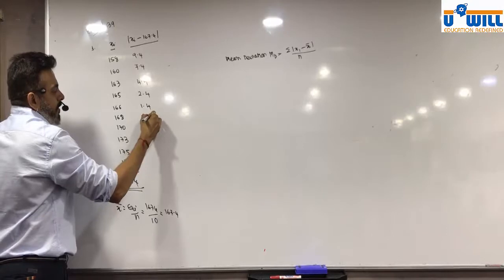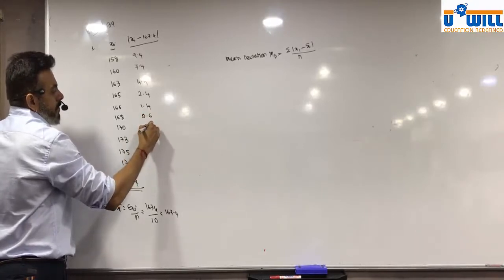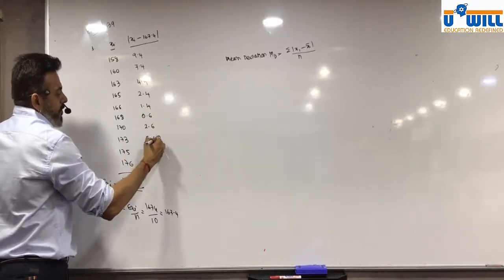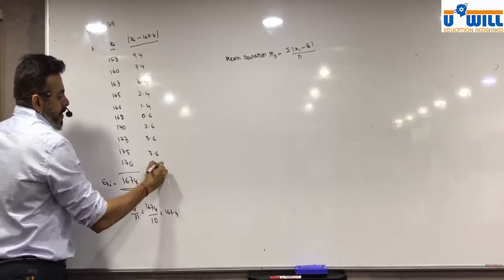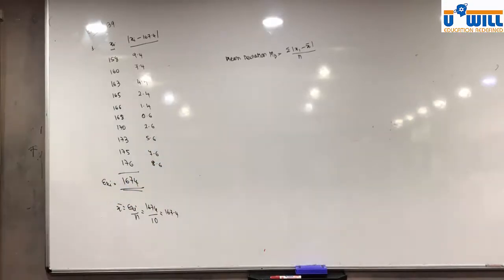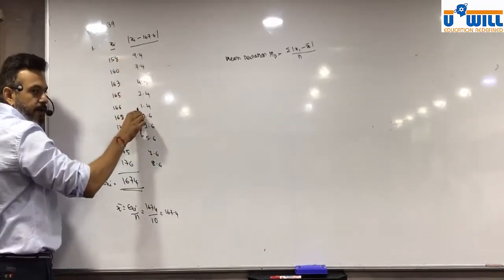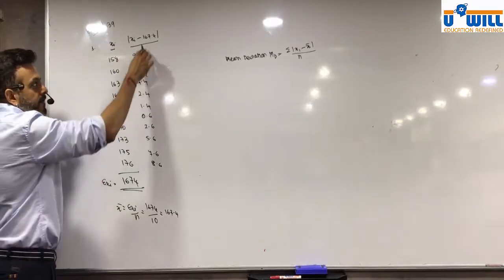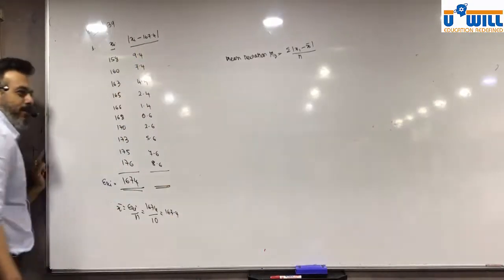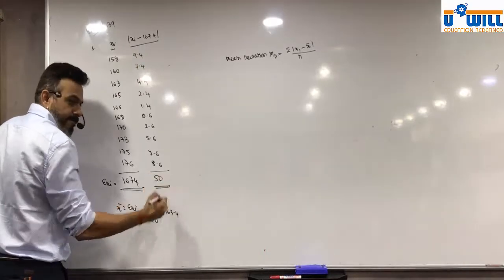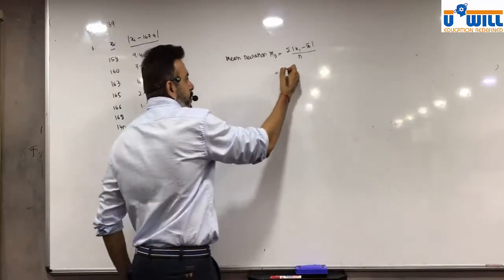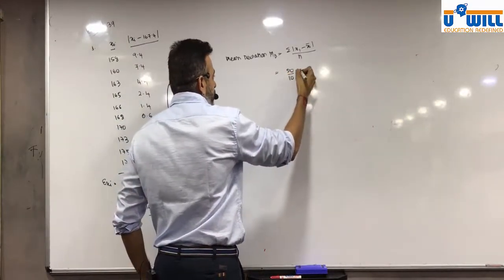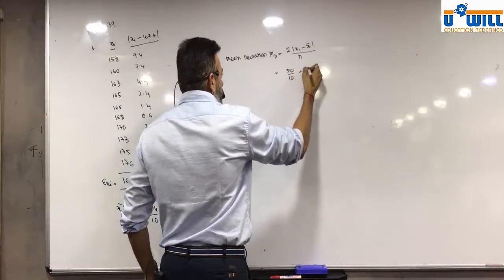1.4, 0.6, 2.6, 5.6, 7.6, 8.6. Whatever was negative, these were all negative. We ignored the negative sign. That is modulus. Total 50 exactly. Therefore, mean deviation is equal to 50 upon n, which is 10, which is equal to 5.